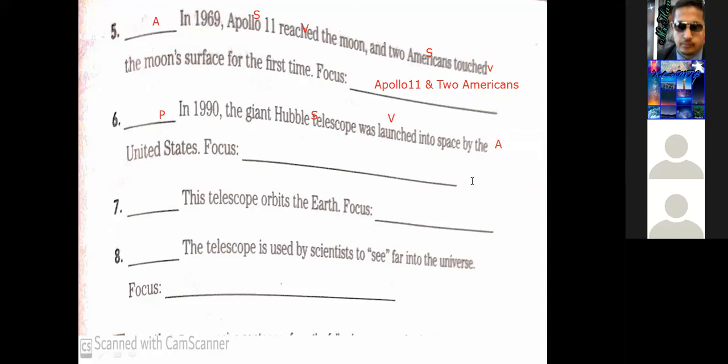We said by plus agent in the passive voice, so the United States is used as an agent. The focus will be on the subject. So what can we write here? The Hubble telescope.